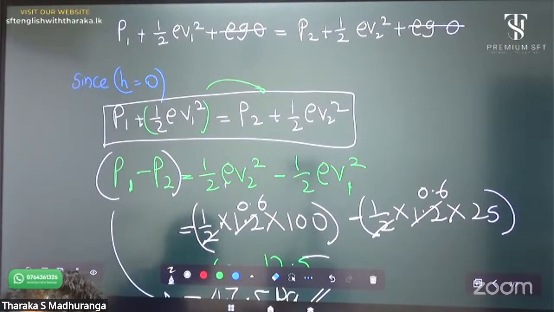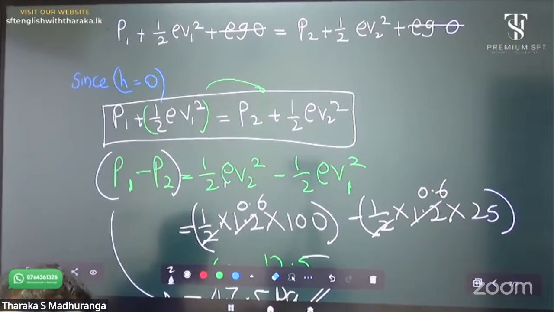So in Bernoulli's theorem, when adding 10 to the power 5, what's the meaning of 10 to the power 5? Ten to the power 5 means atmospheric pressure.